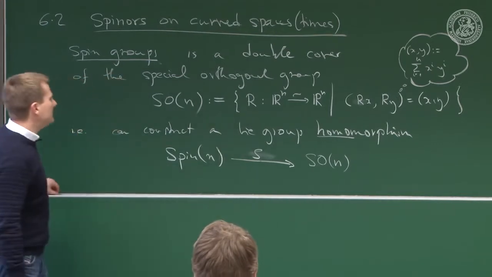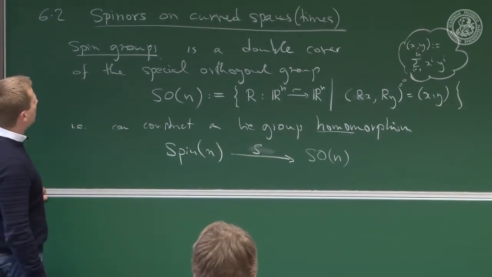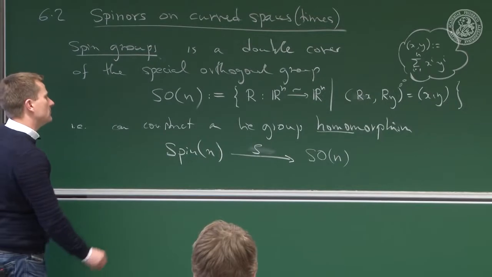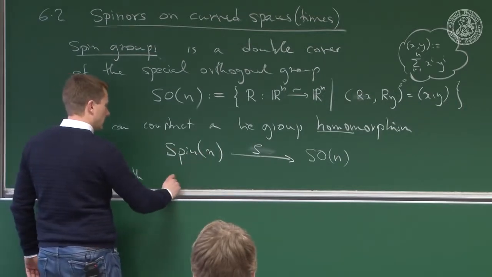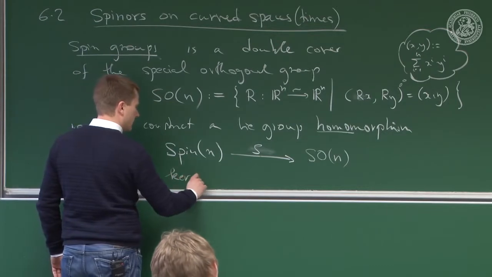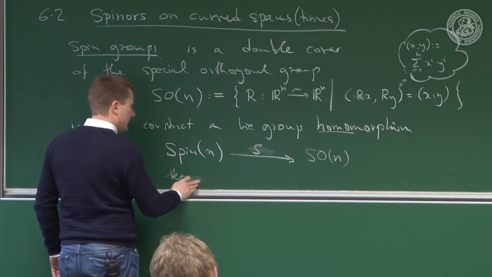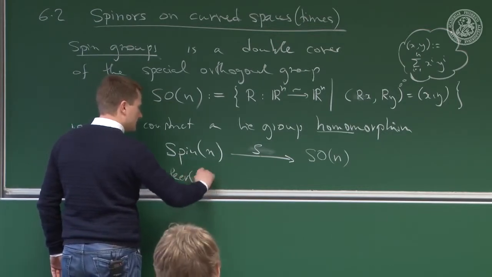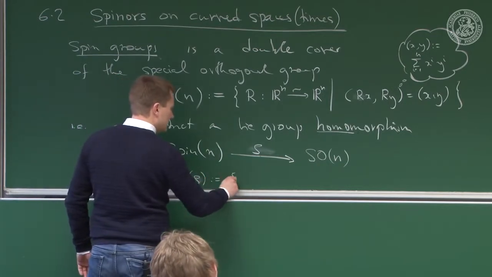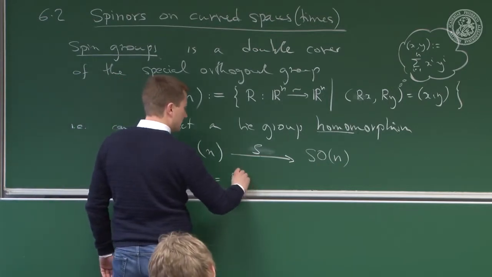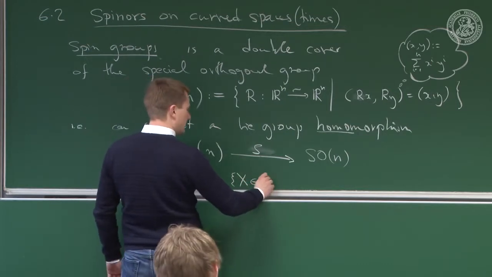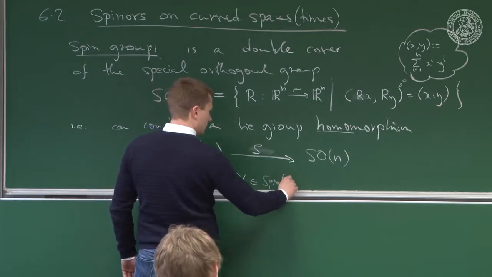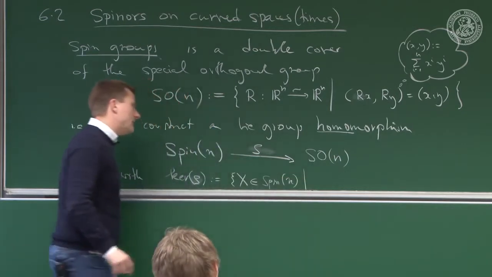Indeed, it's the very definition of the spin group that the kernel of this map, the kernel of rho. Well, you know the kernel from linear algebra, where it's all those elements in the domain which are mapped to 0.